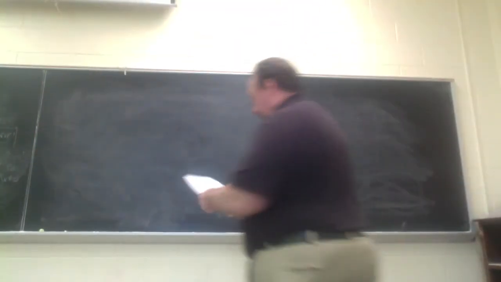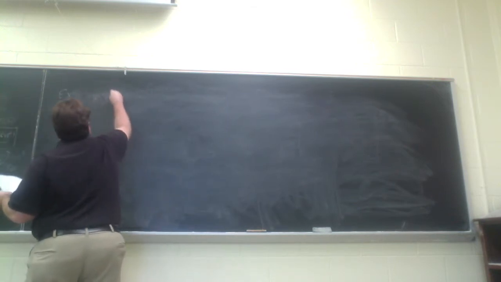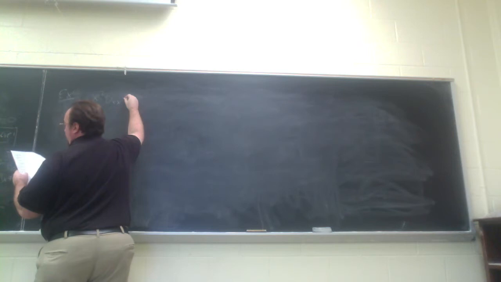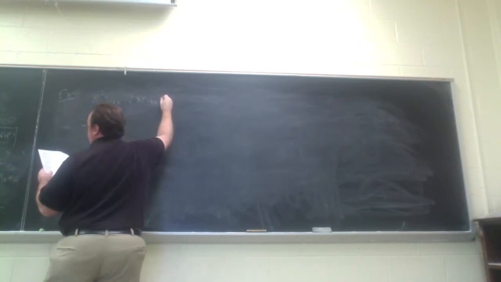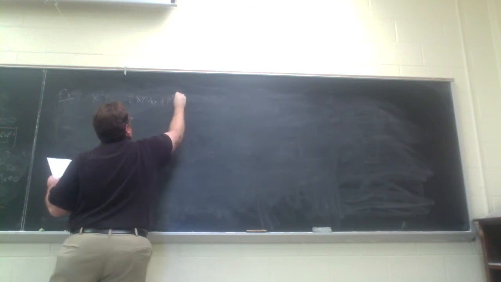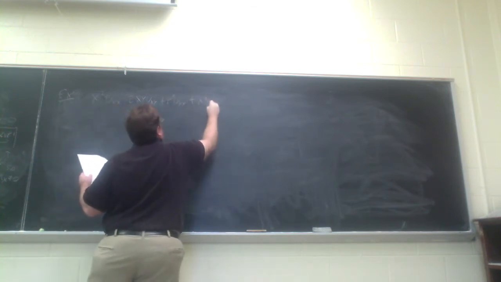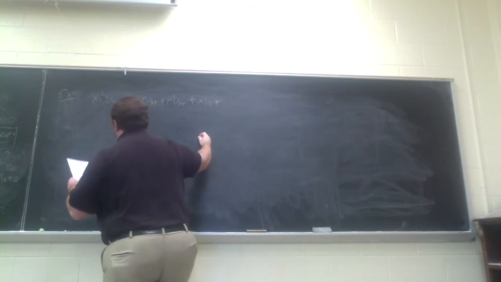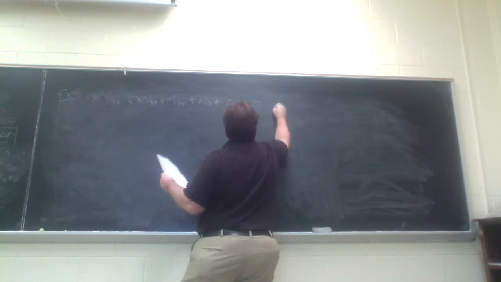Okay, so our parabolic PDE is x squared uxx minus 2xy uxy plus y squared uyy, plus xux plus yuy is 0. And we're assuming that x is positive.